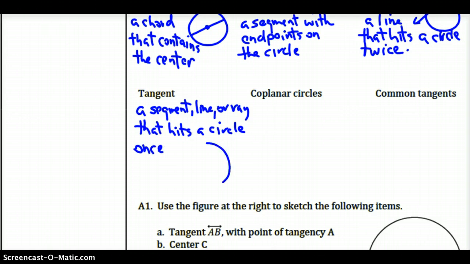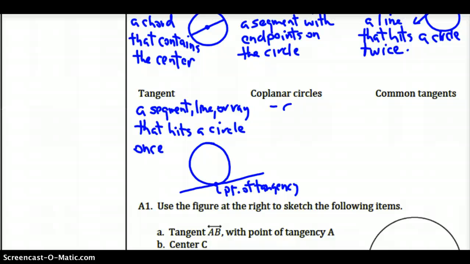So here's an example of a tangent. There's my circle. I'm going to have a critter like that, and this point that it hits is known as the point of tangency. Now we'll talk a little bit later about why they use the word tangent for this, and we use it in trigonometry as well.